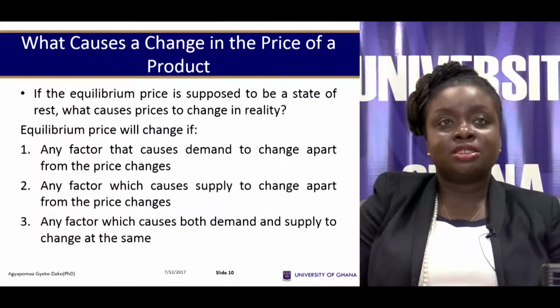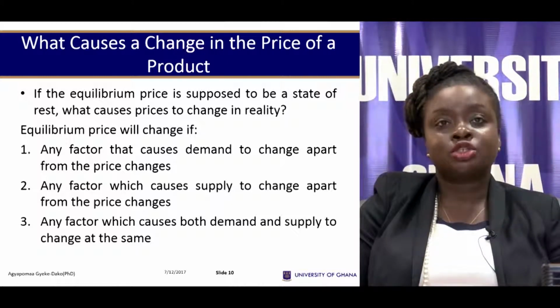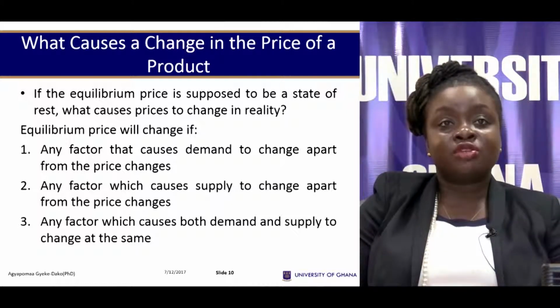So for instance, if we're thinking about the recent increments in the incomes of consumers coming from the increments in the wages of civil servants, then that obviously is going to cause the incomes of consumers to increase. If we're dealing with normal goods, then an increase in the income of the consumer will shift the demand curve broadly to the right.